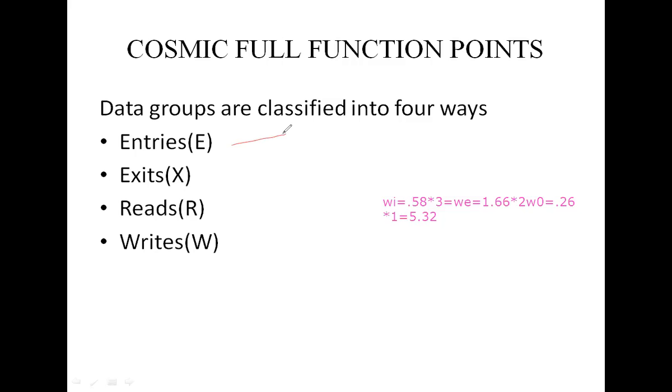This could be from another layer, or from another separate software component in the same layer via peer-to-peer communication. Then we move to exits, which are affected by sub-processes that move the data group from the software component to a user outside its boundary. Here also, outside the boundary.